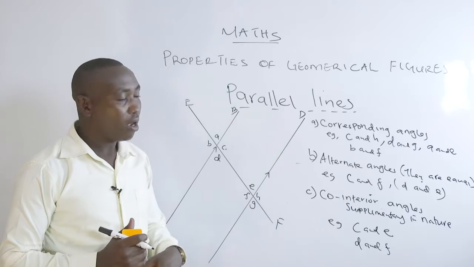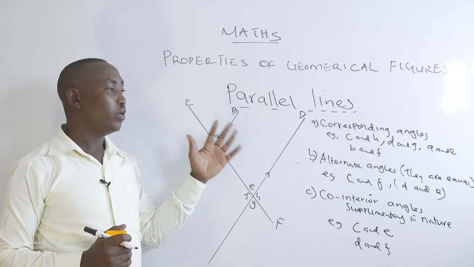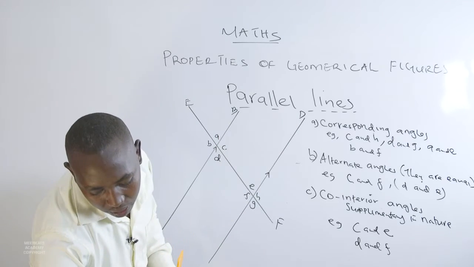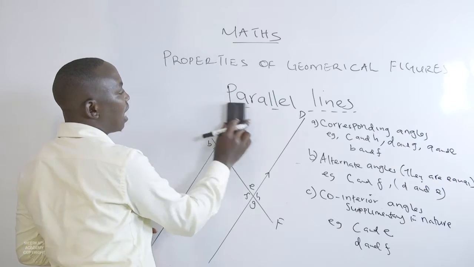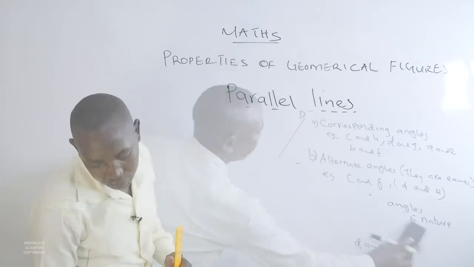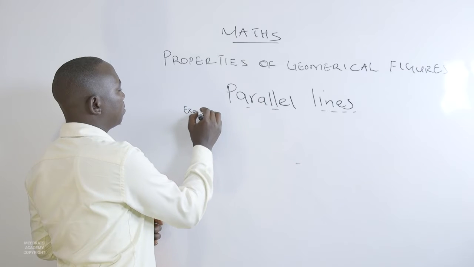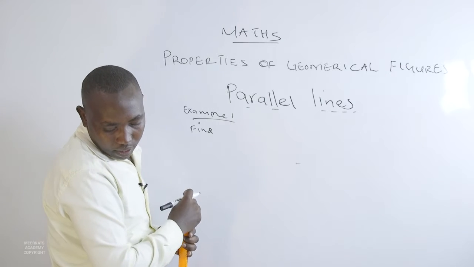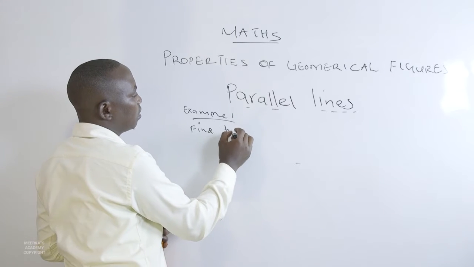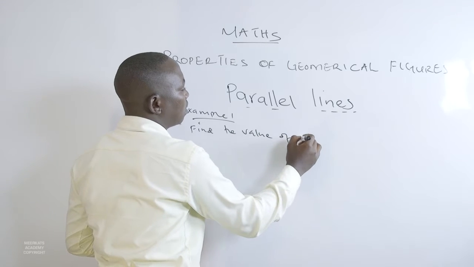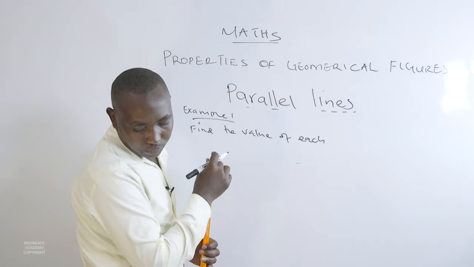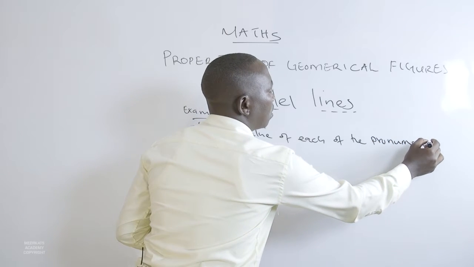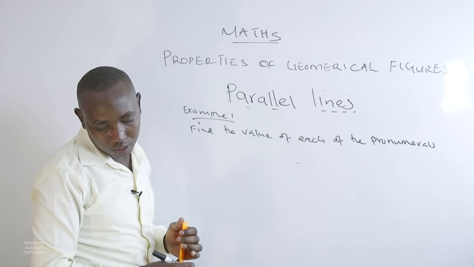Let's look at an example on how we can use these three particular angles to answer a problem connecting parallel lines and a transversal. Example: find the value of each of the pronumerals.